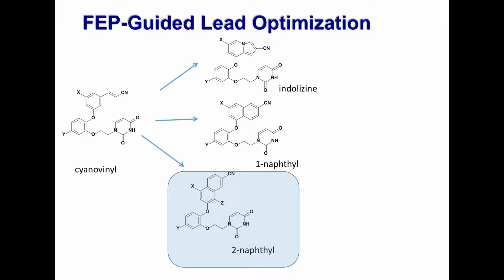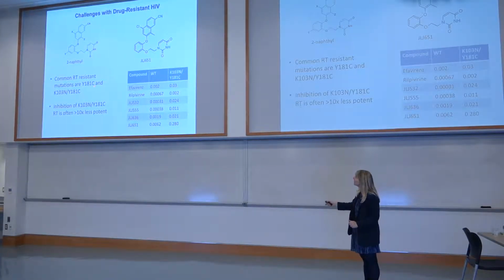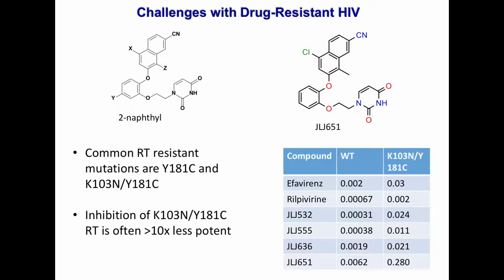We actually looked at this compound, and as I mentioned, the 2-naphthyl series especially, this is just an example of this Y181C mutation, they're very resistant. And so could we take something like this, which is good on wild type, but then we have trouble with the drug-resistant mutants once it's much less potent, could we convert that into something that would now be an inhibitor by making it a covalent inhibitor?